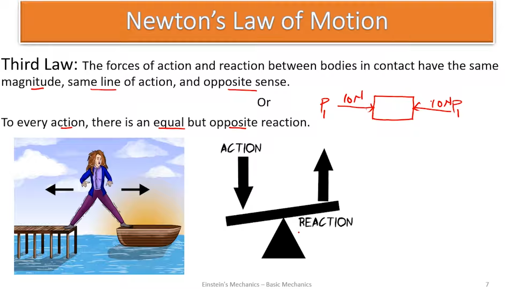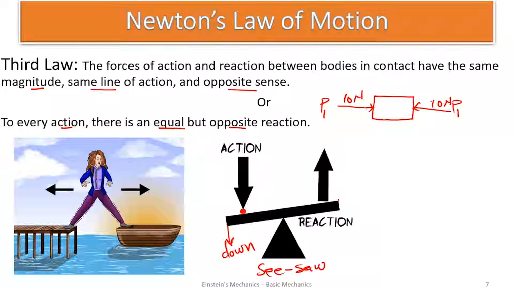Let's look at this diagram. This is a simple diagram, mostly called a seesaw. This is a pivot and we want to balance. The moment there is an action, the application started here, it will try to bring down the system. As it is doing so, there should be an opposite force equal in magnitude.